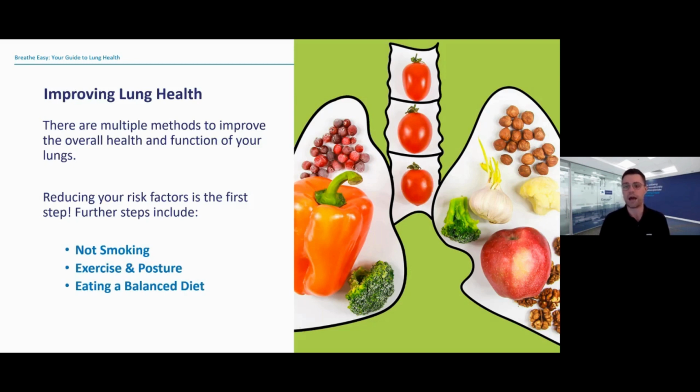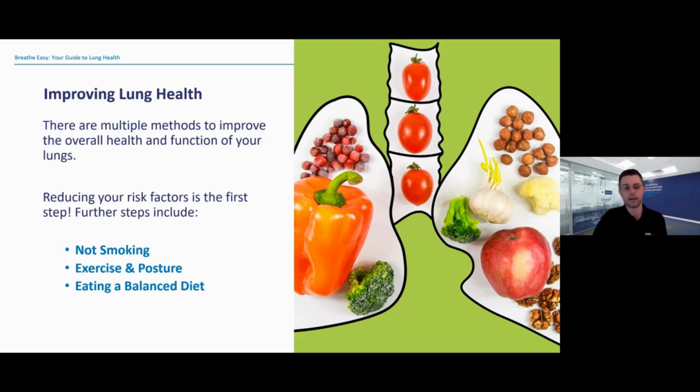These are 3 of the most powerful steps that you can take: stopping or not smoking, doing regular exercise and looking after your posture, and eating a good and balanced diet, which are good pieces of advice for general health, not just lung health. There's a lot more that we could add to this list as well. So we're just seeing a nice overview of the most powerful ones. Please feel free to continue your research into this topic after our introduction today.